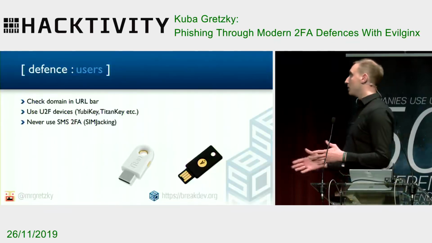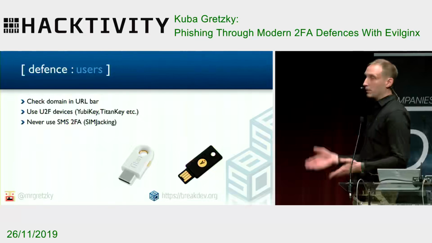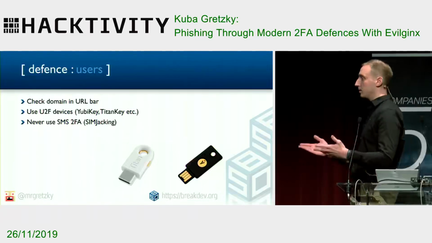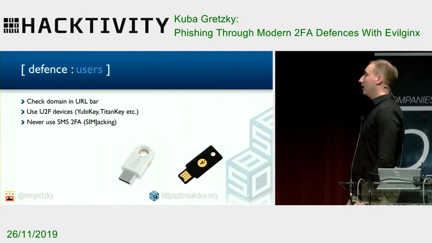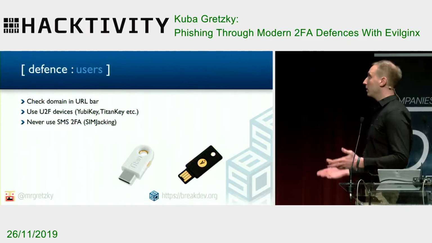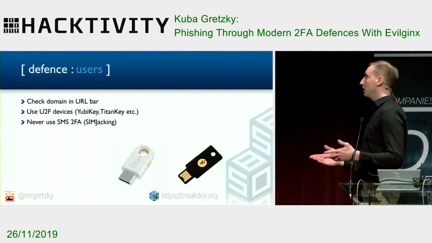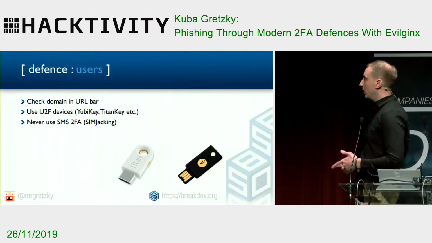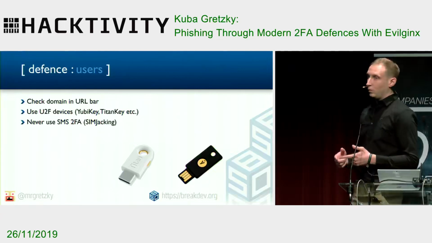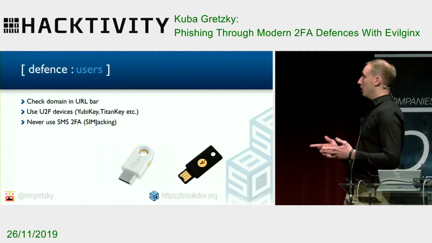From the user's perspective, of course, check the domain in the URL bar, but it's easier said than done in most cases. The other thing is to use universal second factor devices. Like Dave Lewis mentioned yesterday, WebAuthn is also one of the solutions.